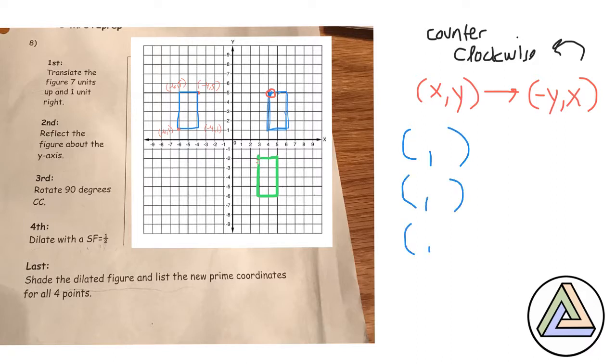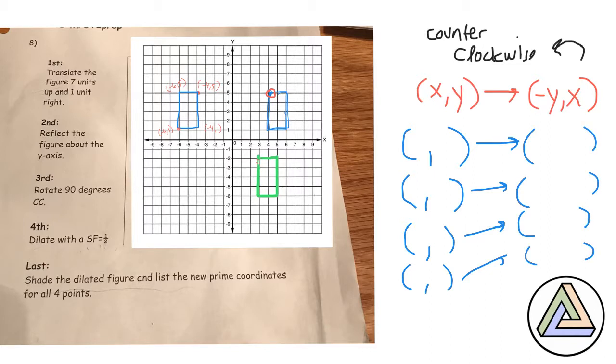There are 4 rows to this, which will be the home for the 4 reference points. The only reason I'm drawing those arrows at an angle is to avoid the logo. Otherwise, they would go straight across. So the reference points, once again, are negative 6 comma 5, negative 4 comma 5, negative 6 comma 1, and negative 4 comma 1.